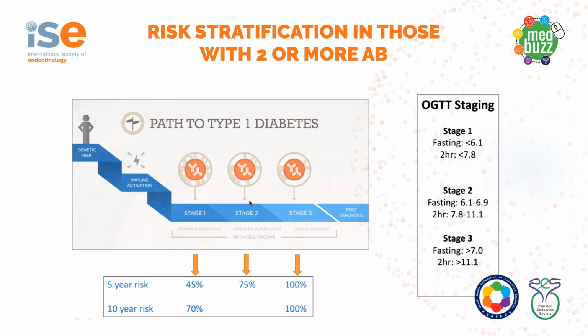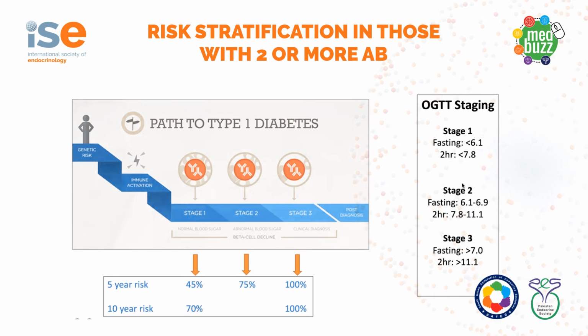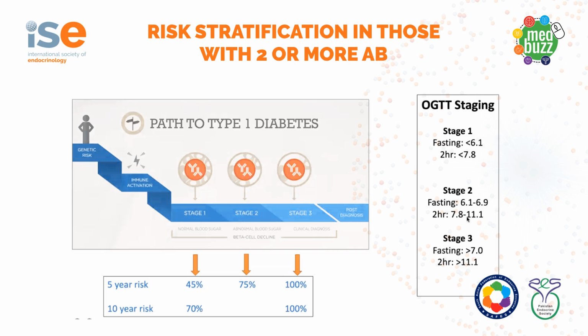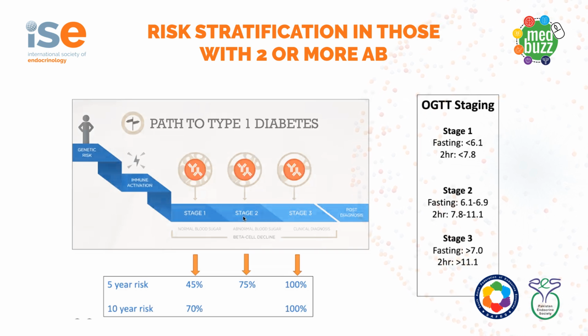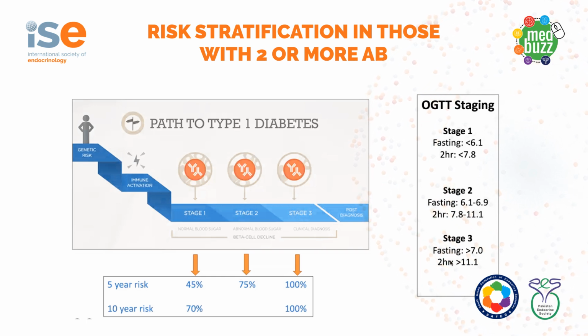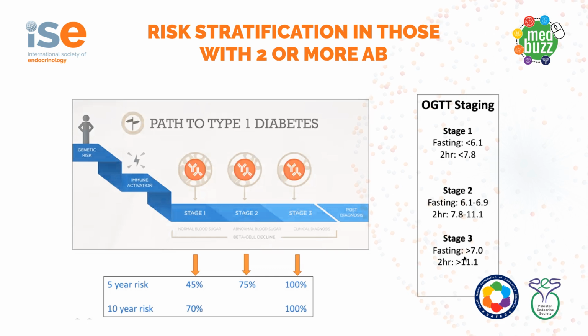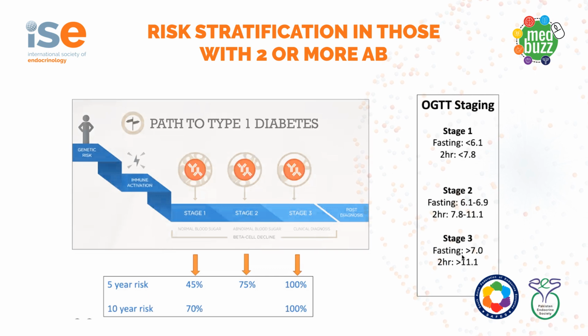If they're two antibody positive and the glucose values are slightly dysglycemic, then we would call it stage 2. If they're two antibody positive and the glucose tolerance tests are diagnostic of how we traditionally think of type 1 diabetes, of a fasting over 7 or a 2 hour over 11.1, that's stage 3.